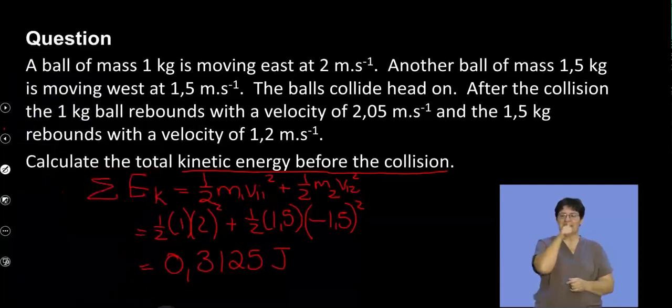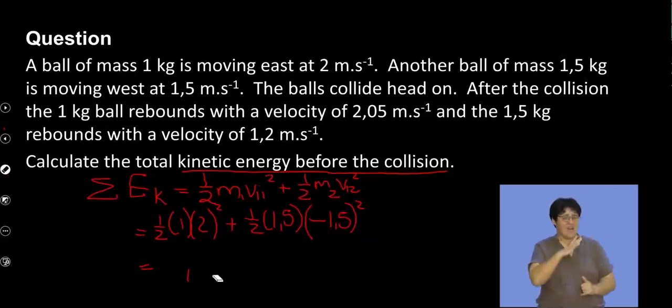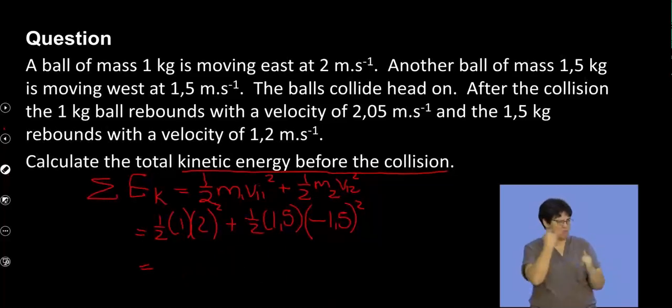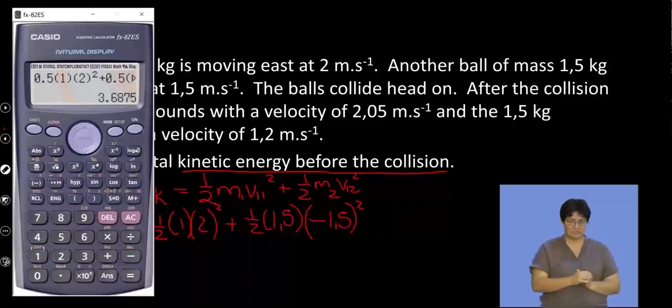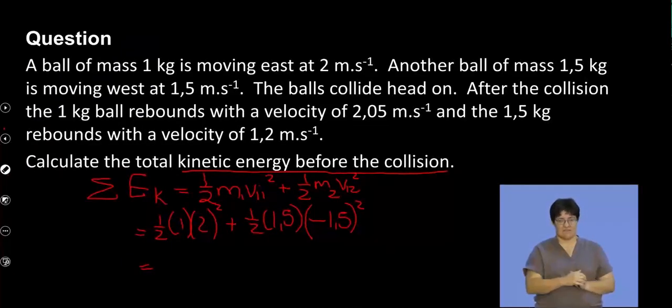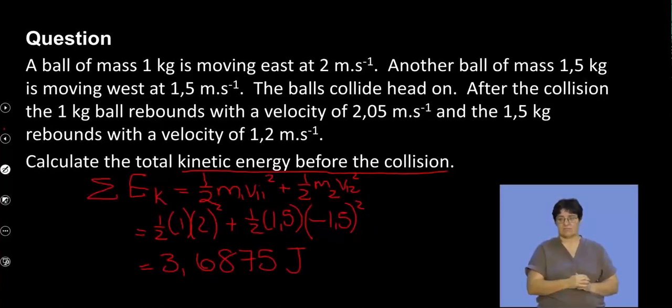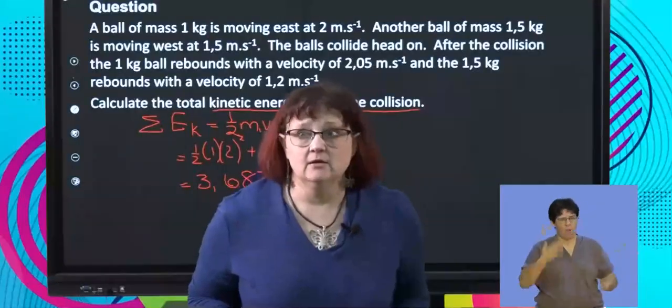So let's just fix this. And you know what? We all make mistakes, and it's fine. It really isn't a problem. So let's just go back and look again. 3.6875. So let's put that in, not with the eraser. Here we go. 3.6875 joules.